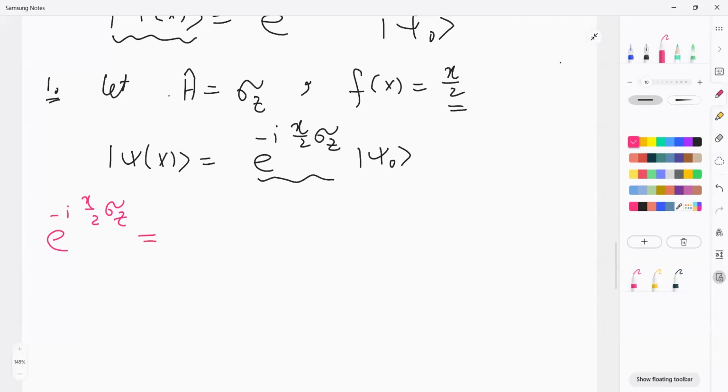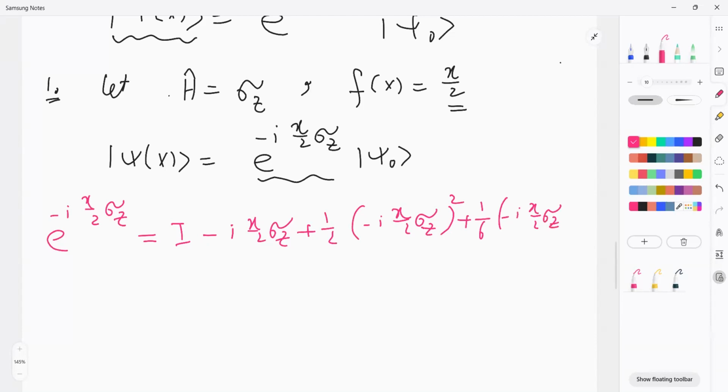I can expand it using a Taylor series: identity minus iota x by 2 sigma z, plus half of minus iota x by 2 sigma z squared, and then 1 over 6 of minus iota x by 2 sigma z cubed, and so on. And since sigma z is not only Hermitian but also a unitary operator, this means sigma z squared is identity, sigma z cubed is just sigma z, and so on.